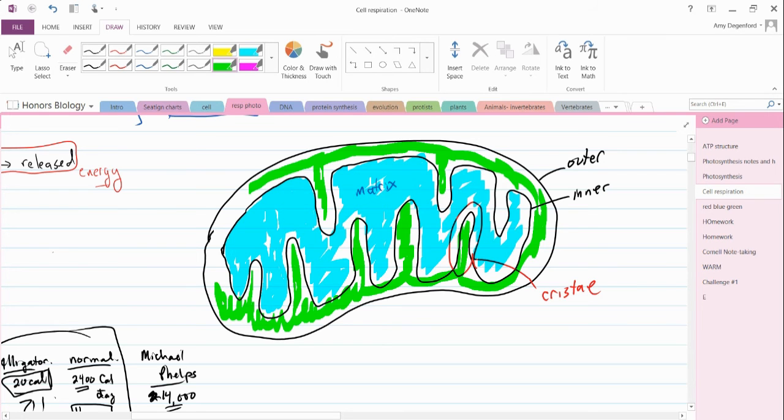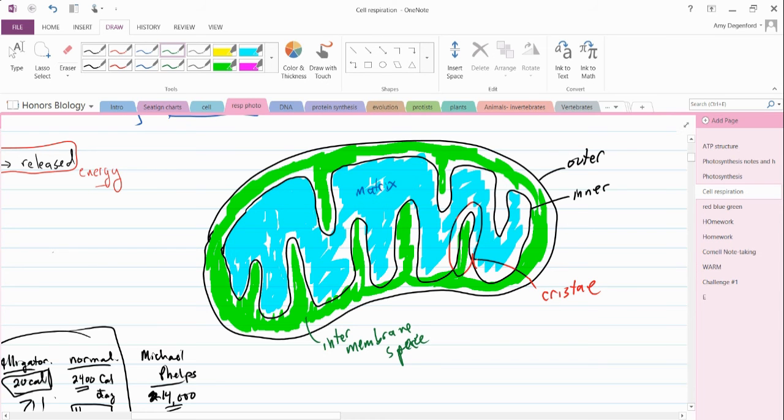So on one hand, this is really nice because this is just rehashing some of the things we learned back in photosynthesis. On the other hand, it's somewhat annoying because it's very easy to get everything confused. So I totally get it. And we're going to do lots of practice to really make sure we are clear about everything. So here is our intermembrane space.